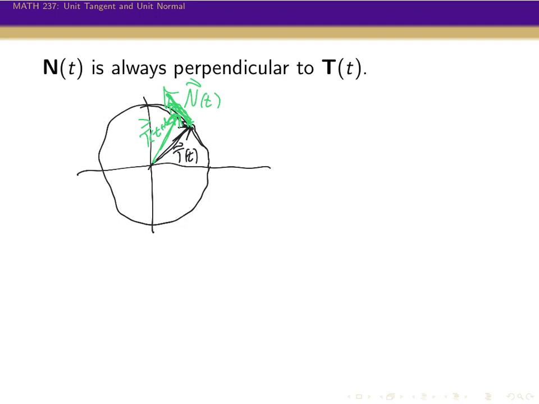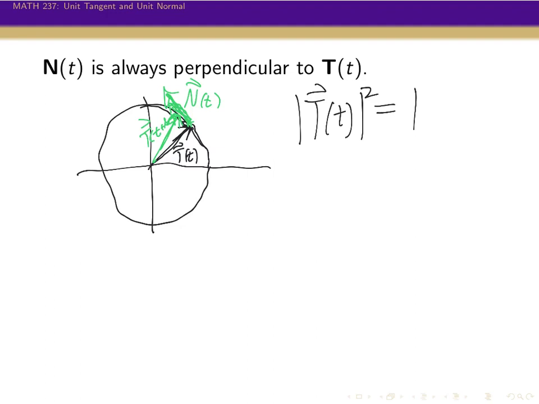There's another way to see this. And so this comes from the fact that the unit tangent vector's magnitude is always equal to 1. And so if we square it, it's still going to be equal to 1.